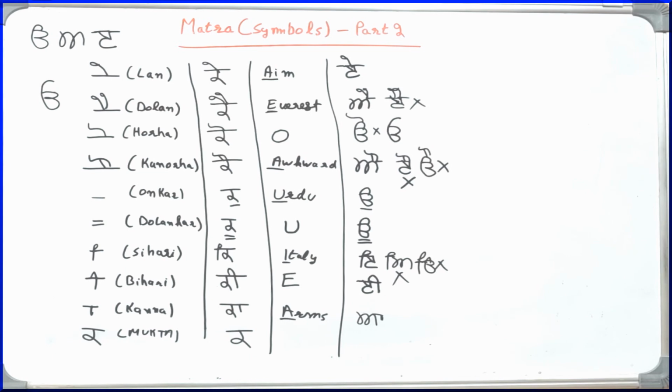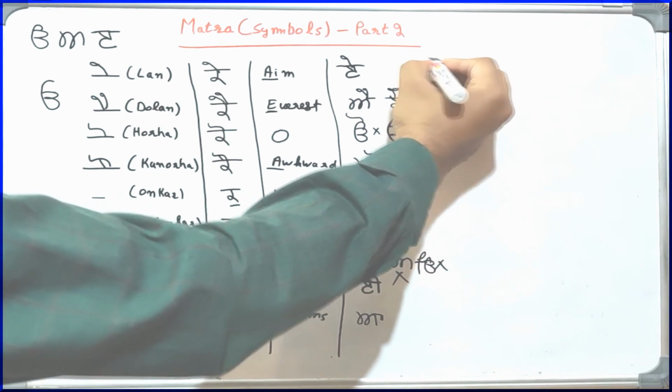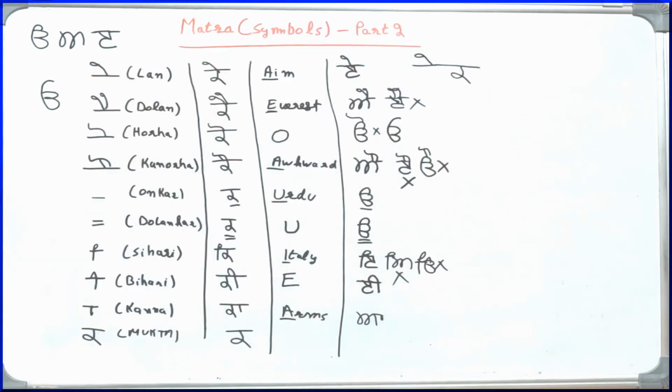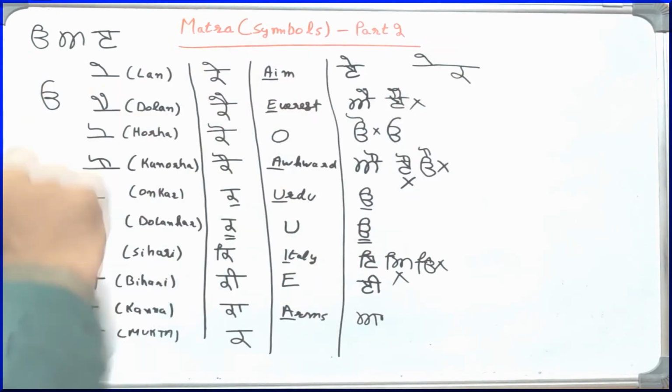Let's have some questions here. In the first part, we discussed this thing that if I am having a letter, can I have a symbol like this? Means I know the sound of la and I know the sound of kakka. Can we have something like this? We cannot have it.